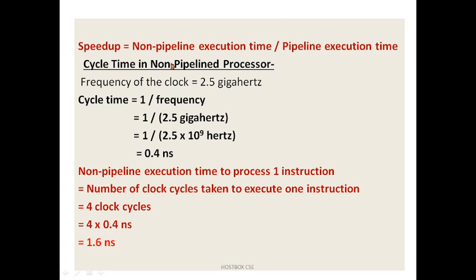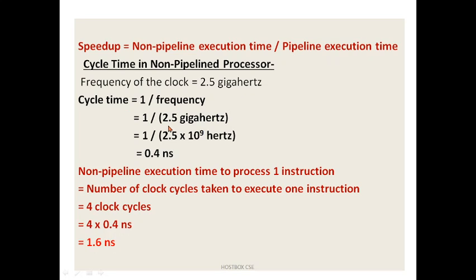Before that we have to individually calculate the cycle time in the non-pipelined processor as well as the cycle time in the pipelined processor, because we already told in the previous session the difference between pipelining and non-pipelining. Non-pipelining definitely takes a lot of time to complete, but pipelining completes the task and executes the instructions as soon as possible. Here the frequency of the clock is 2.5 GHz, given in the problem, and cycle time is equal to 1 by frequency.